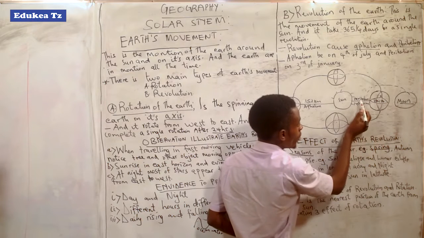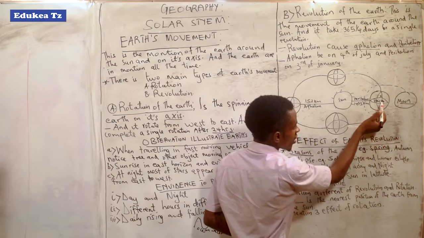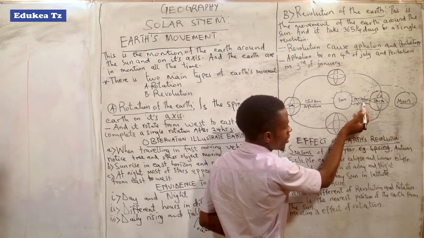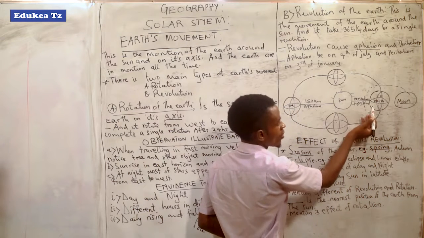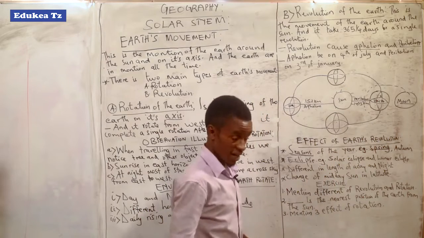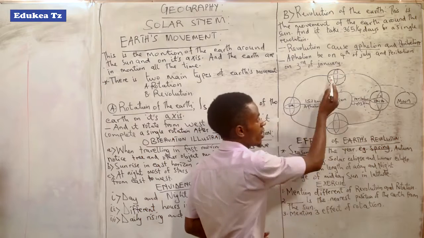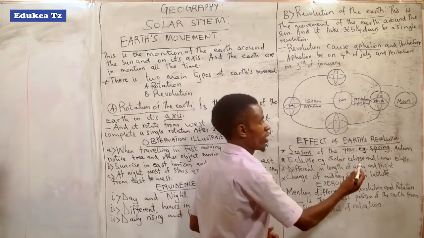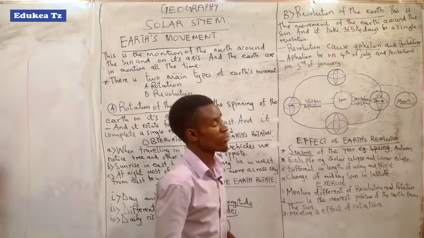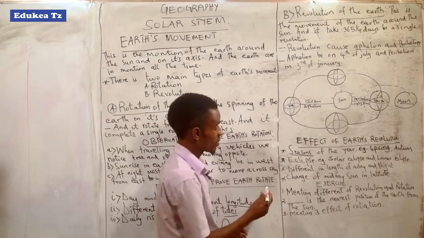So the moon moves and maybe reaches this point, and this is the Earth, moon, and the sun. So the moon is between the Earth and the sun. That is called a solar eclipse. So eclipse occurs because of the movement of the Earth around the sun, but also the motion of the moon. That is what you have to understand about the eclipse.